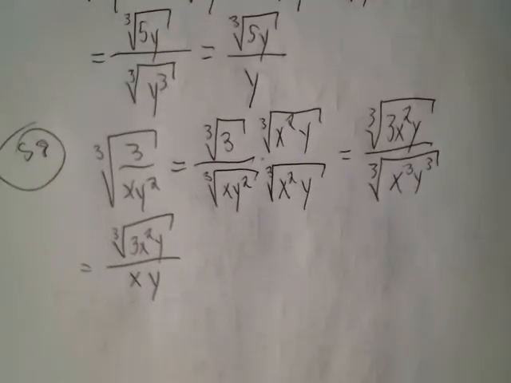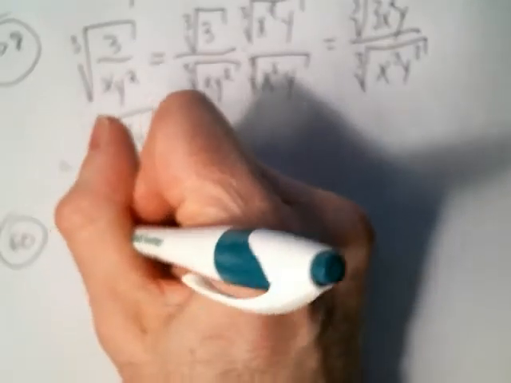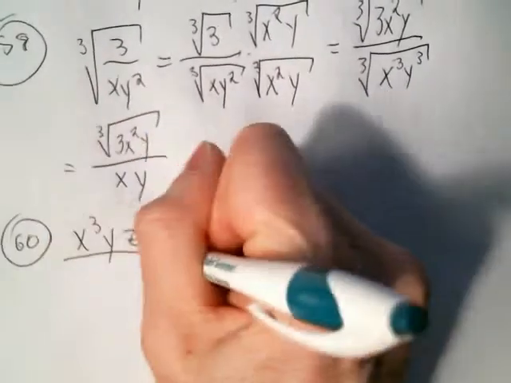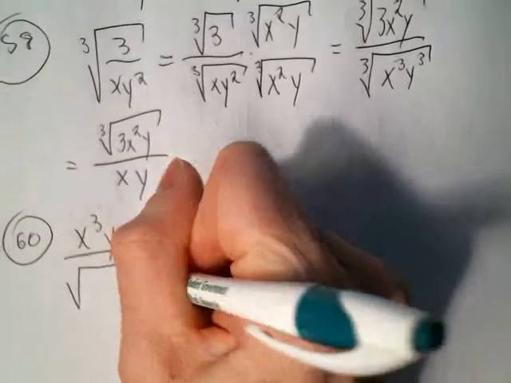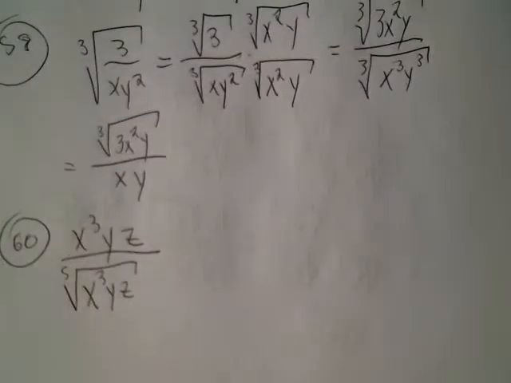Let's get one more, well, a couple more actually. So here's problem 60. We have x cubed y z all over the fifth root now of x cubed y z.